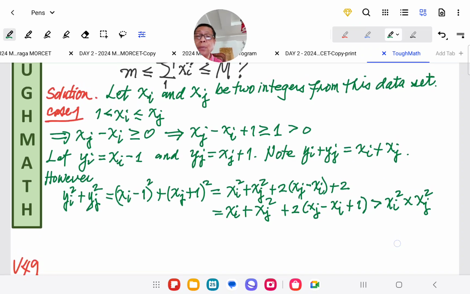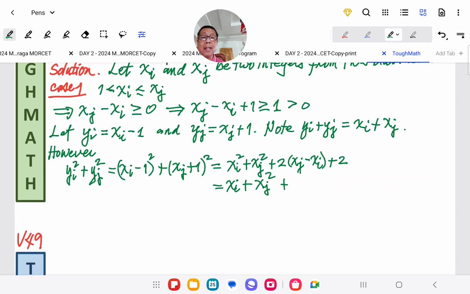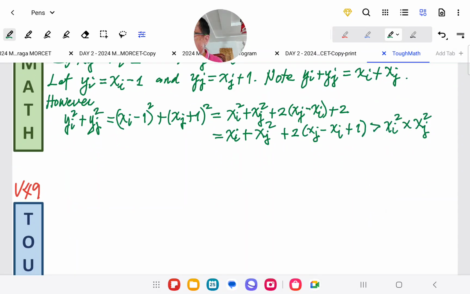Okay, when you do that, when you subtract from the smaller and add it to the larger, you can see that by looking at this simpler or smaller data set.